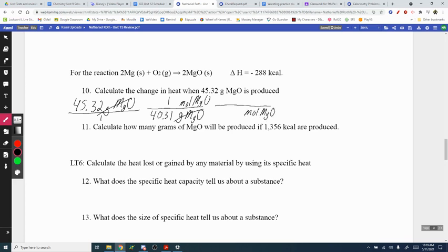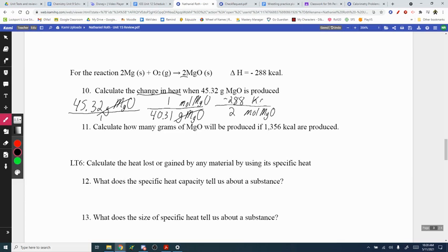Moles MgO on bottom. We are going to energy because it's calculate the change in heat, so that's energy. So kilojoules on top. This is our mole to energy ratio, so coefficient, which is 2 right there. And then our enthalpy, which is negative 288. Oh, that's kilocalories, actually.